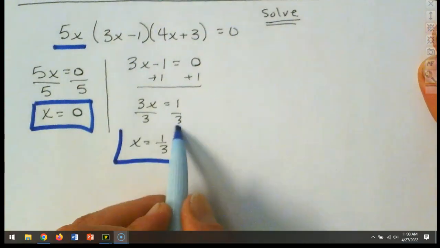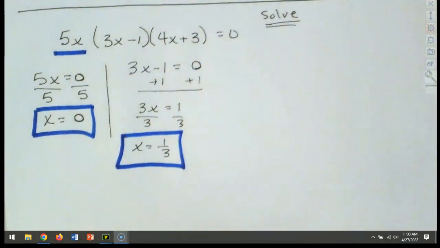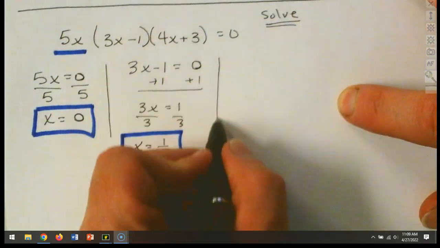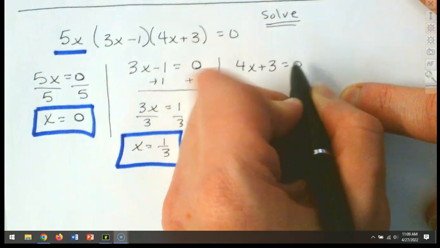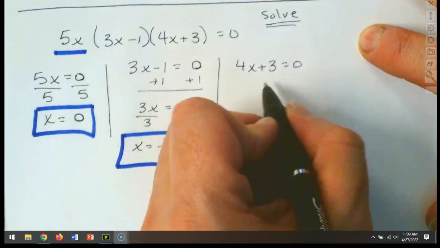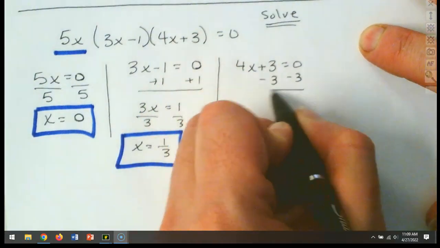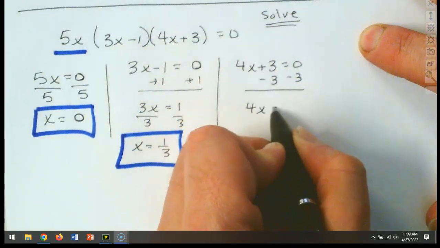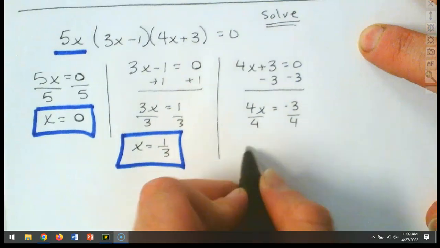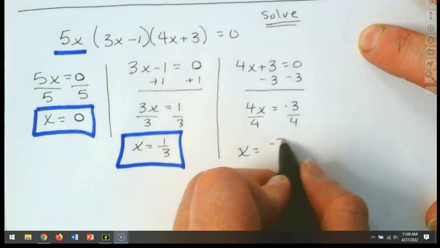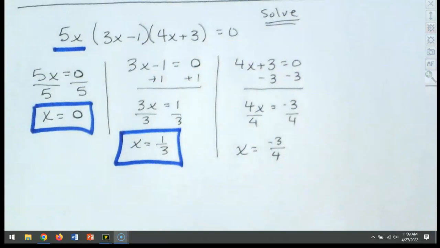And the last one, 4x plus 3 equals 0. Move that 3 over. So 4x equals a negative 3. Divide by our 4. And now we've got x equals negative 3/4.